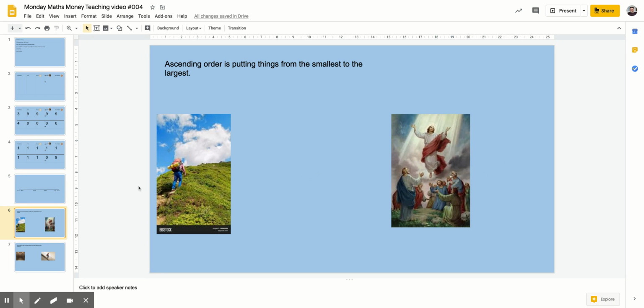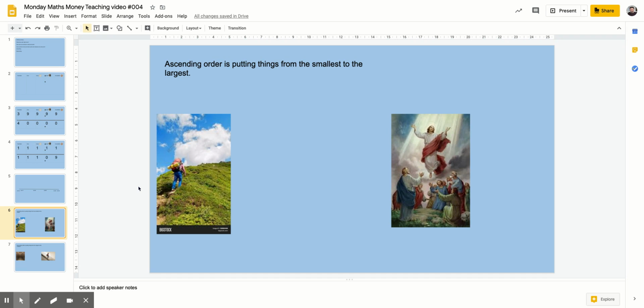Now let's have a look at the word ascending. Ascending order is putting things from the smallest to the largest. And here are two situations you might find the word ascending. If someone is climbing up a mountain, you might say that they are ascending to the top of the mountain. That means that they're climbing up the mountain. That's kind of like putting things from the smallest to the largest.